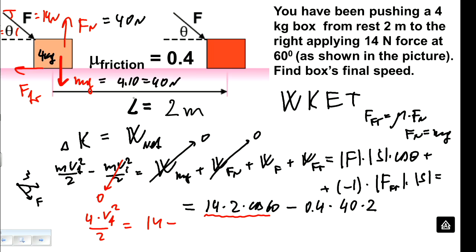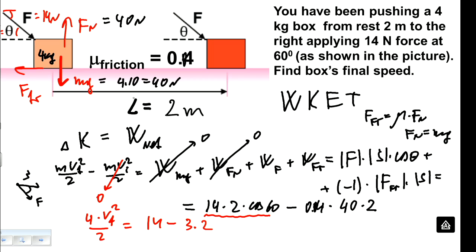Let us make a coefficient smaller, 0.4. So that's going to be 3.2, right? I have a designated computer. So 3.2, the last term, for friction, yeah.